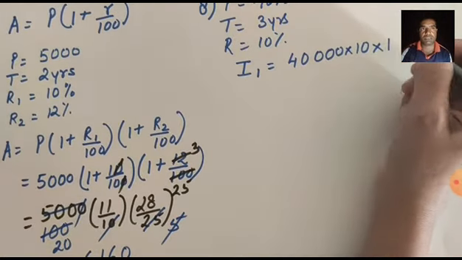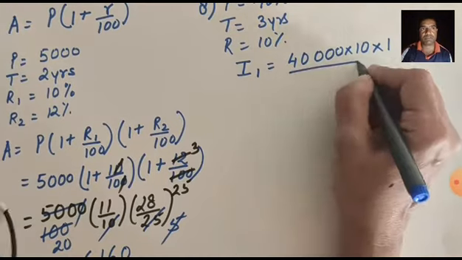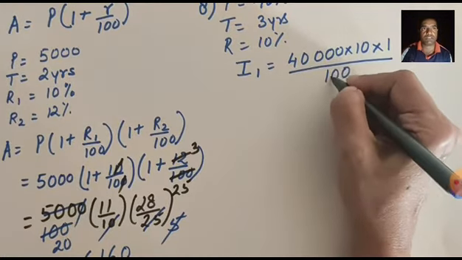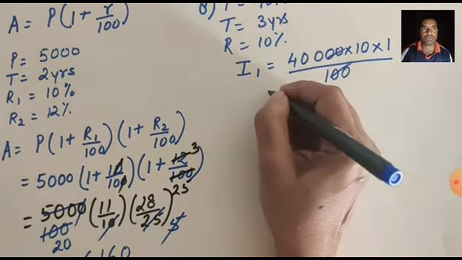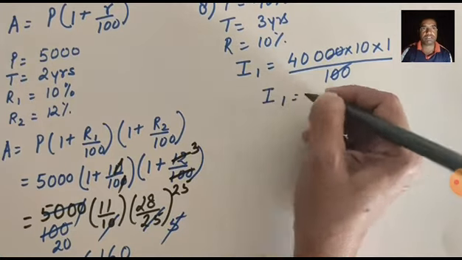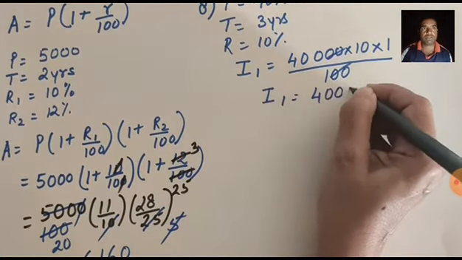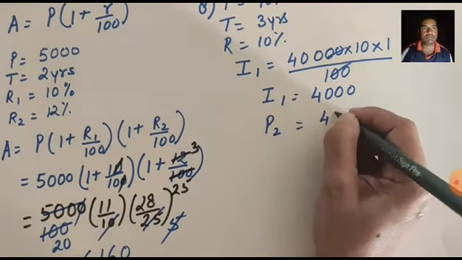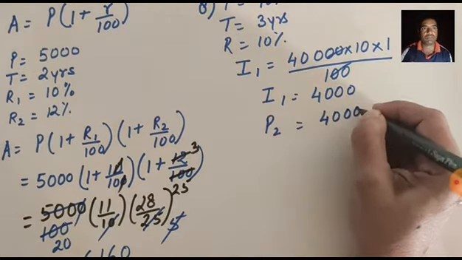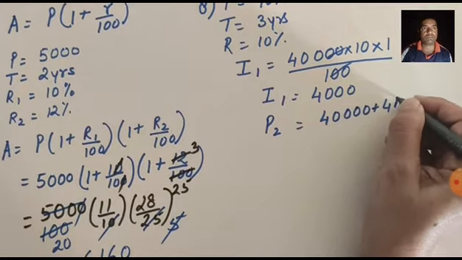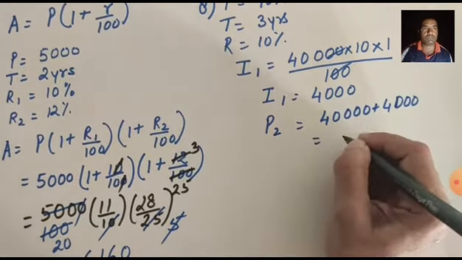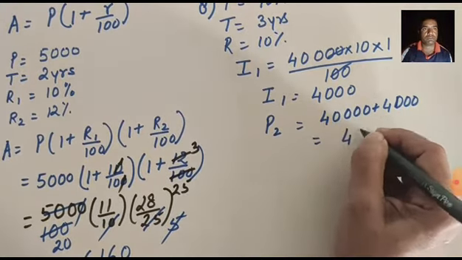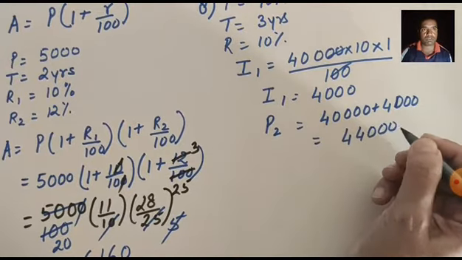T is for the separate year, so it is 1. PRT upon 100: 40,000 into 10 into 1 upon 100. Two zeros get cancelled. So I1 is equal to 400 into 10, which is 4,000. So P2 is 40,000 plus 4,000, which is 44,000.